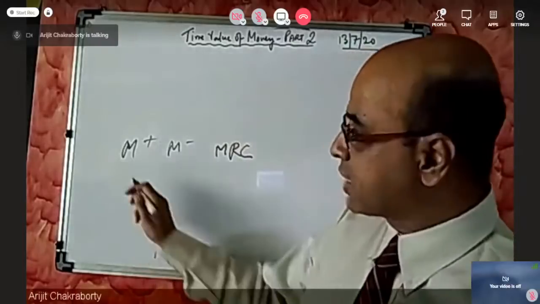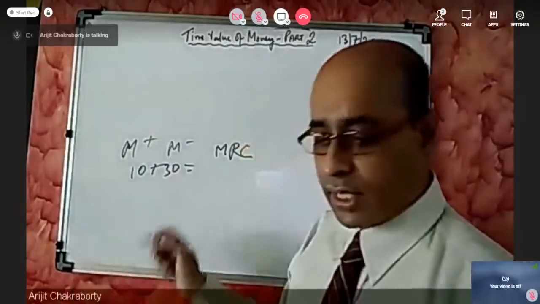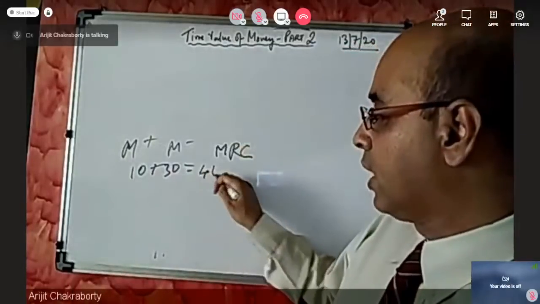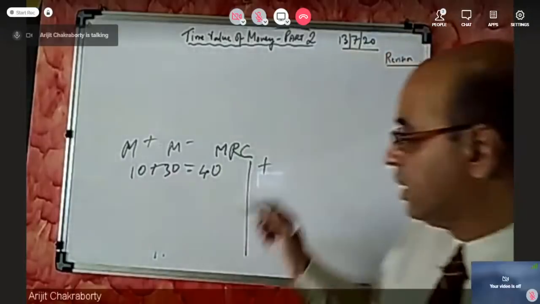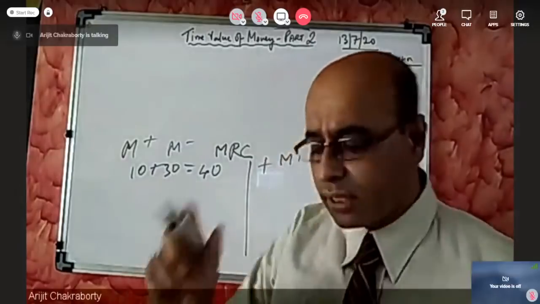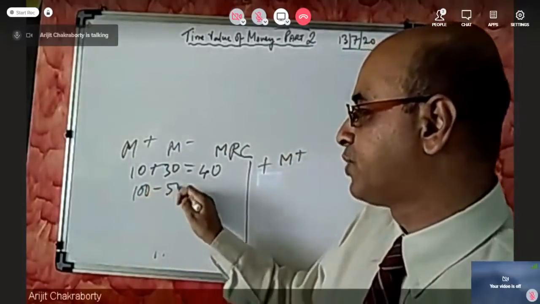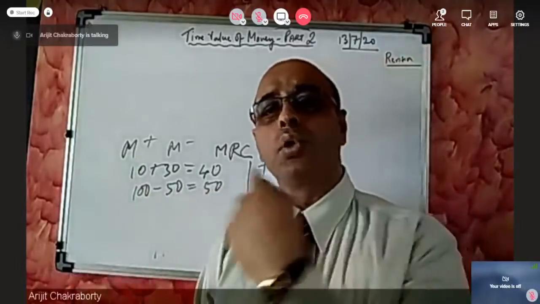Now I'm giving an example, 10 plus 30. So I'm working on a calculator, 10 plus 30 gives me 40. Now I want to add this 40 later on, so I will press M plus. Next calculation, I am doing 100 minus 50. This is 50. This number I also later want to add.